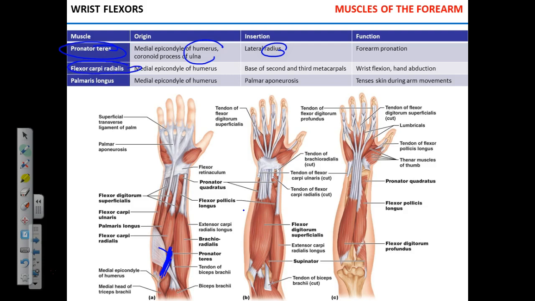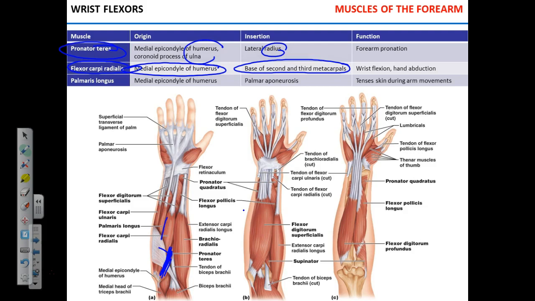Next muscle is flexor, number 13. Flexor carpi radialis. The origin of that muscle actually is the humerus, and the insertion is the base of the metacarpals.